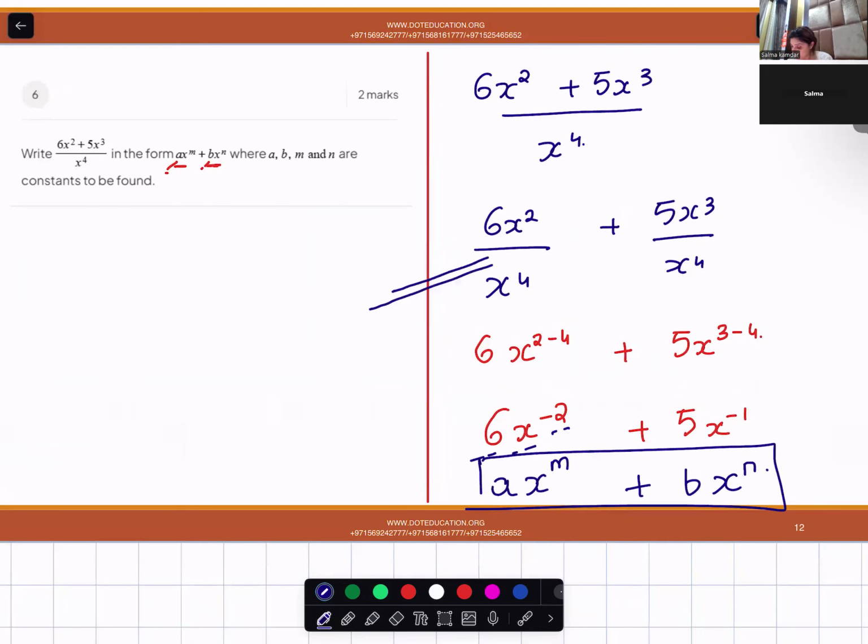Please note over here, the law of indices that we used is a raised to m upon a raised to n will become a raised to m minus n. So we put this in the form of ax^m plus bx^n, and we found out a, b, m, and n as the constants.